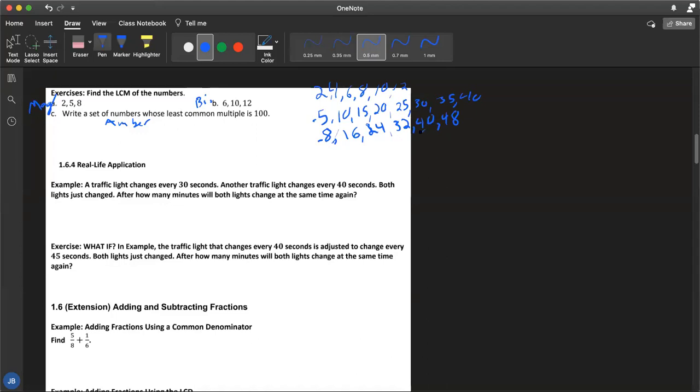Because that's our lowest number that's on both of these lists. So our least common multiple of 8 and 5 is 40, because we can look at the list and that's the smallest number that both of those go into, right? Does that make sense? Mm-hmm.